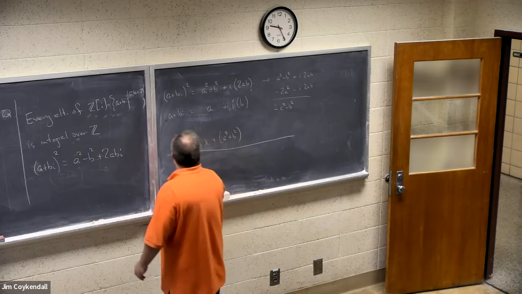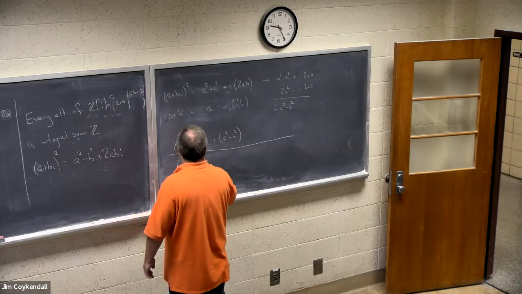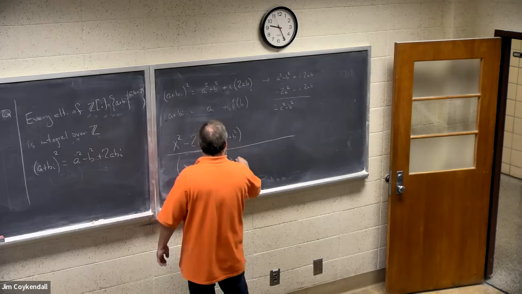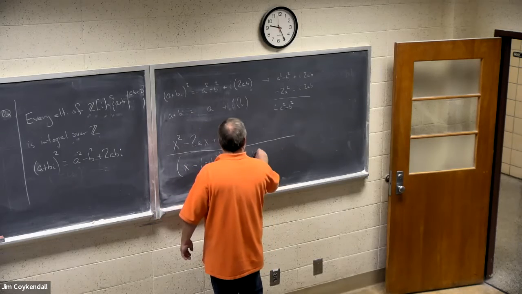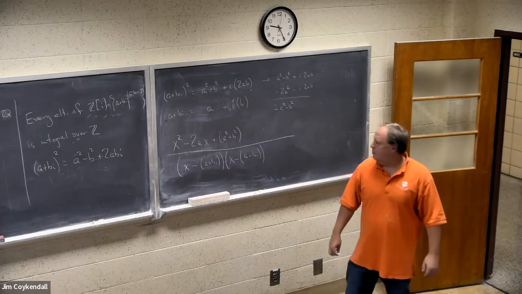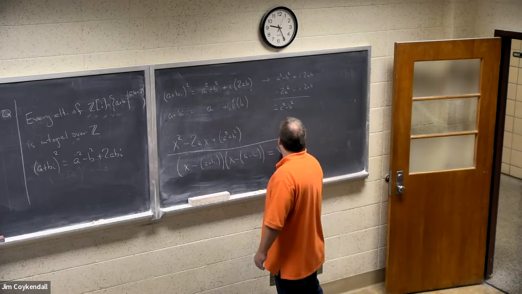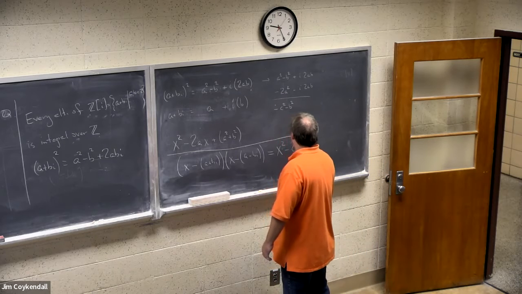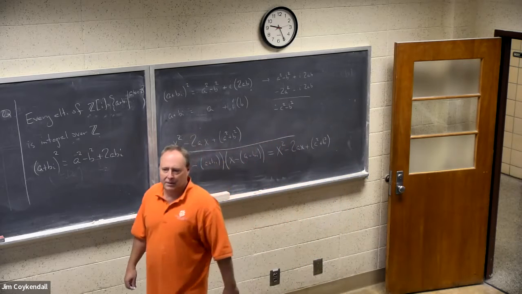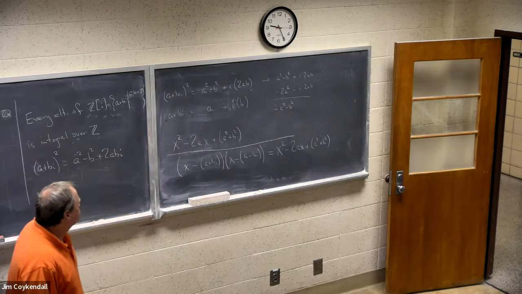So thinking about that from that perspective, that should be in a certain sense the irreducible polynomial. So what happens when you multiply this out is you get exactly this. So, a little slicker, a little more elegant without the bulldozer, right?